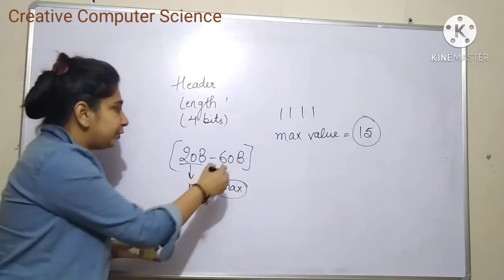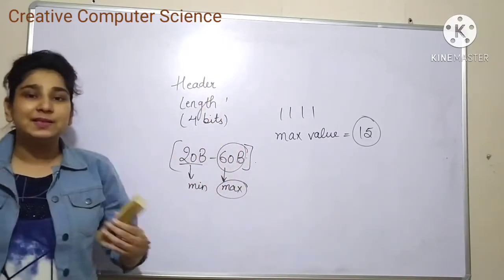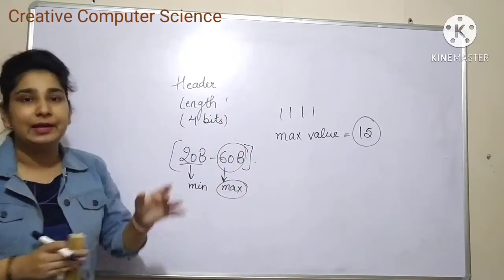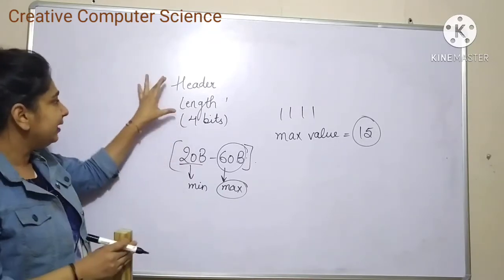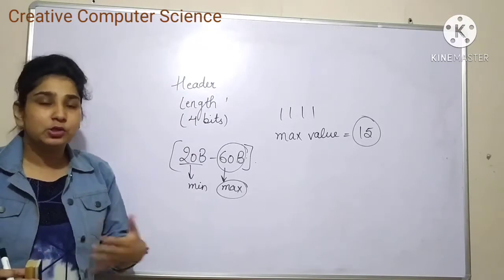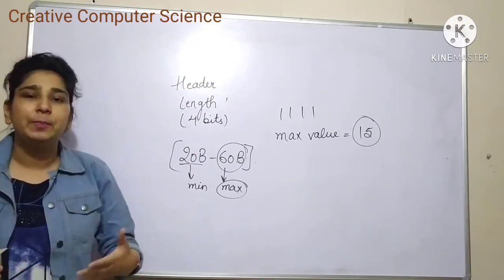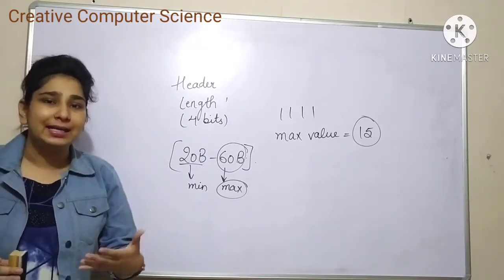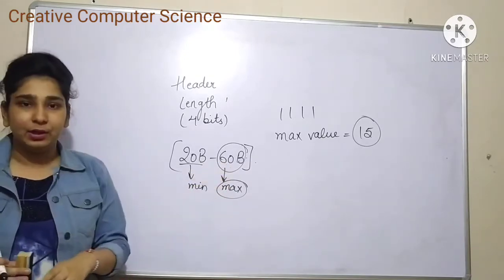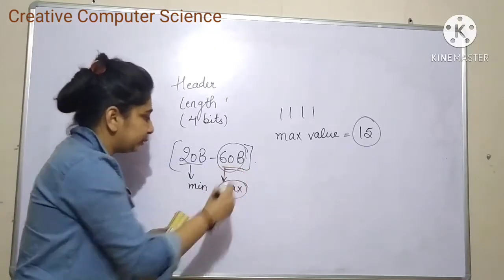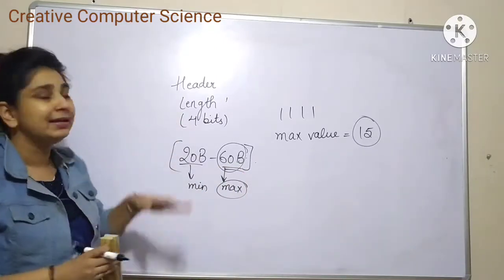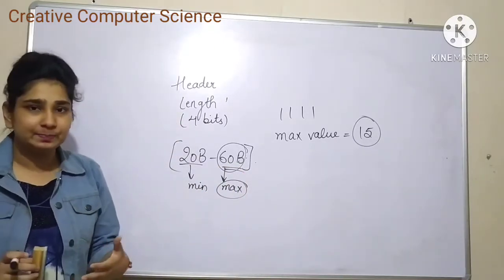So if you have to put 60 bytes in the header length field, you have to define the length of your header in the header length field. The maximum possible header size is 60 bytes. So how are we going to place the value 60 in the 4-bit header length field?